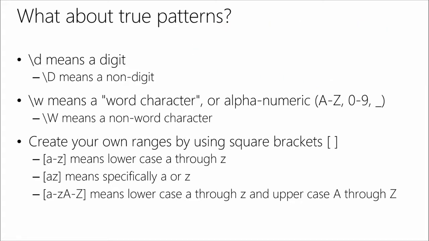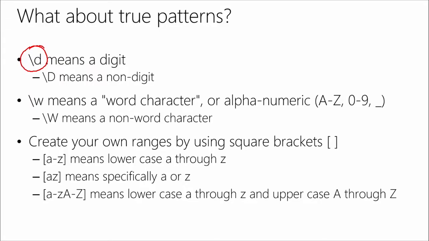Well, what you're going to notice is that regular expressions give us a lot of different ways that we can express a pattern. For starters, you're going to notice the backslash, which is a very common escape character, and in regular expressions, a backslash lowercase d, so small d, means digit. Makes sense? And a backslash capital D means non-digit.